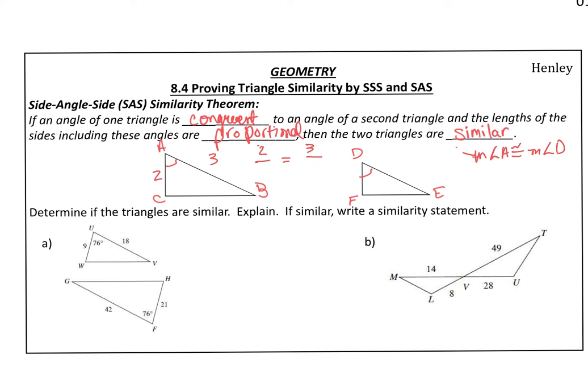And then our numbers for our smaller triangle are 1 and 1.5. So 1 and 1.5. If you notice, both of these simplify down to 2. So that would tell us that AC is similar to DF and AB is similar to DE.